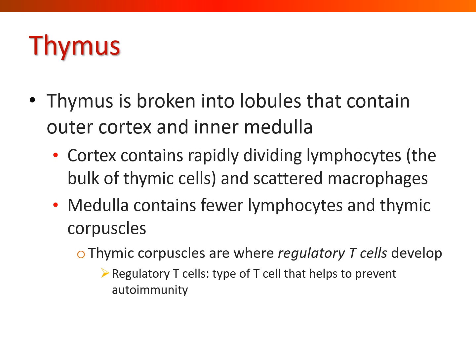Now, the medulla, we're going to see fewer lymphocytes here, but they're going to be clustered into these regions known as the thymic corpuscles. So what's so special about these guys? Well, what we know about them is that these corpuscles are areas where the regulatory T cells, which is a specific type of T cell, develop.